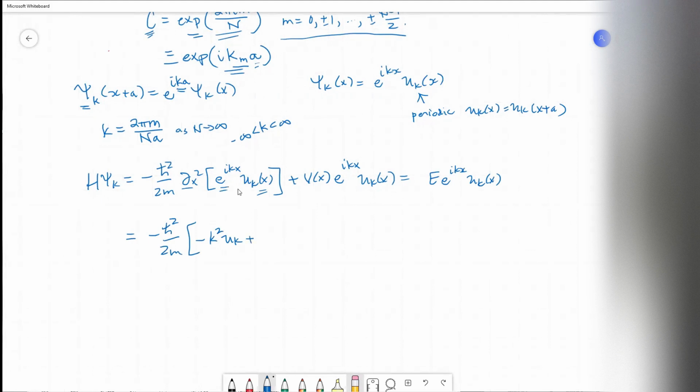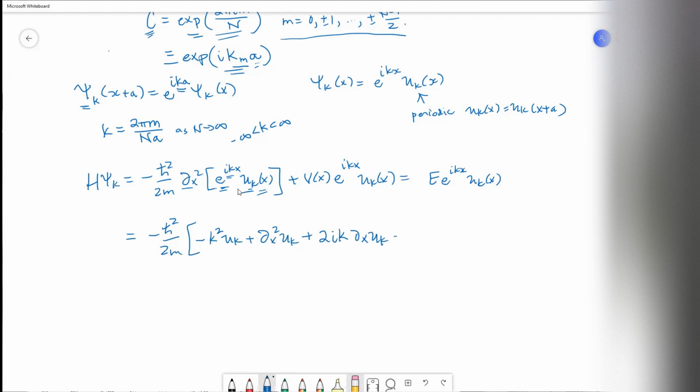So then these 2 derivatives, they'll hit this guy, so you'll get that. Then you'll get cross terms, right? It's 2 derivatives, so it can hit these 2 guys, and that'll happen twice. So you get 2ik d/dx u_k. That's hitting the exponential once and the u once.